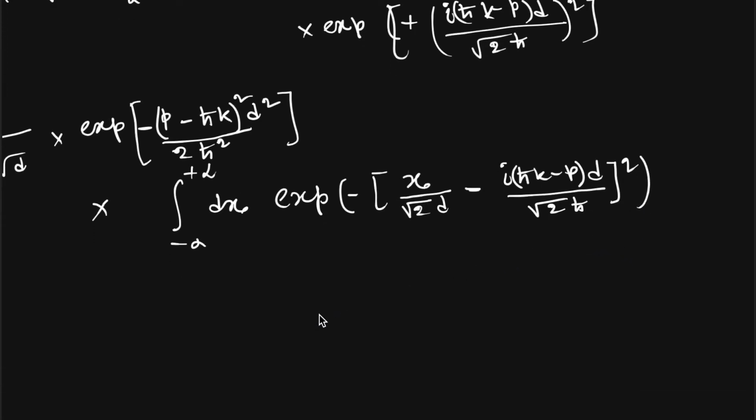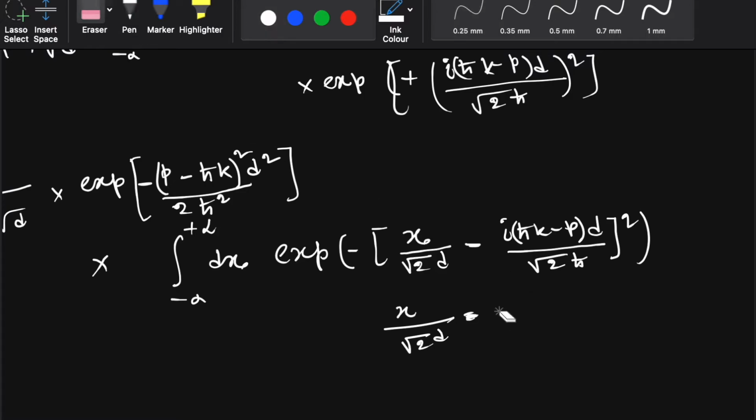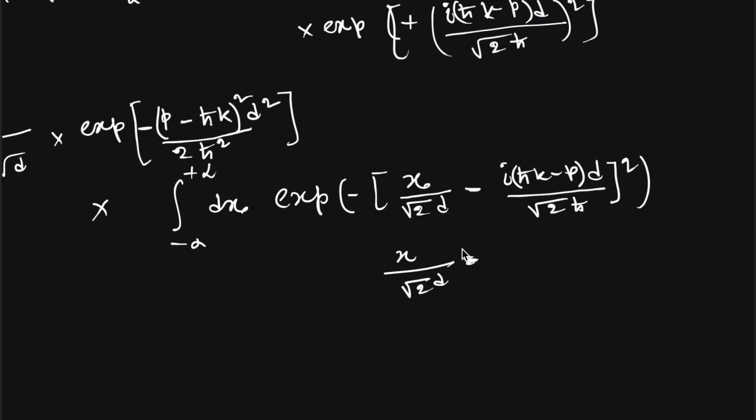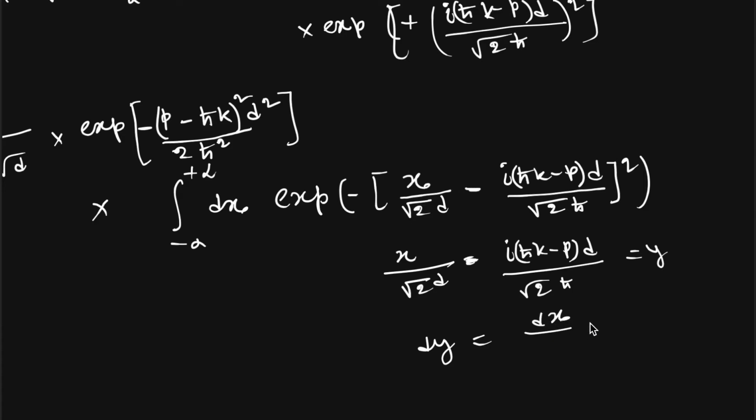And what will be the value of this integration? Now if we change the variable x by root 2d minus i ħ k minus p d by root 2 ħ is equal to y, that means dy will be dx by root 2d.